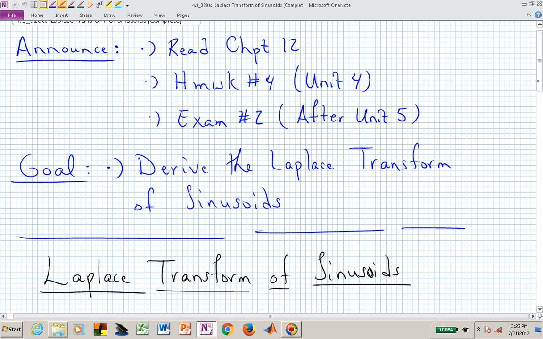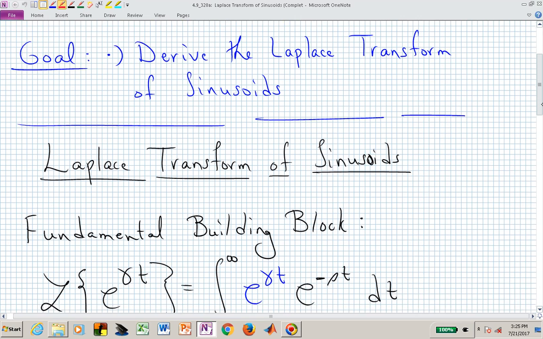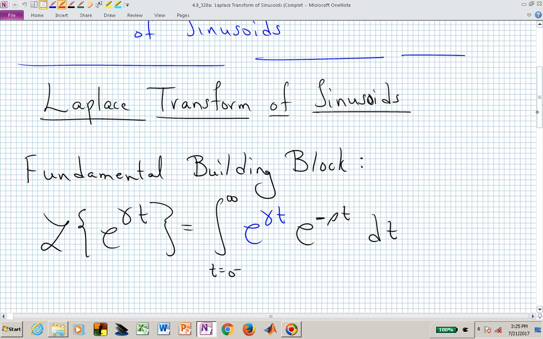We want to focus in this video on the Laplace transform of sinusoids, and we will do that by using this fundamental building block, which is the Laplace transform of a generic exponential waveform.